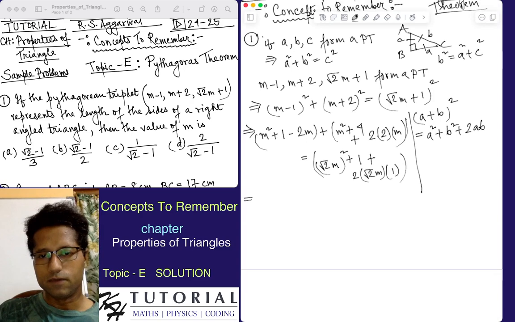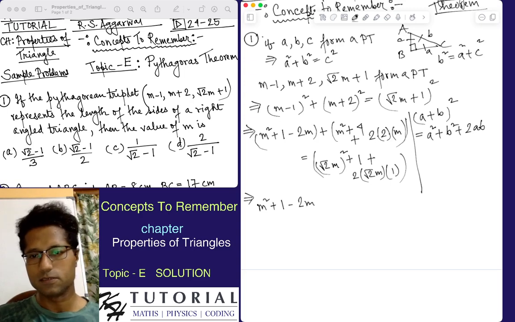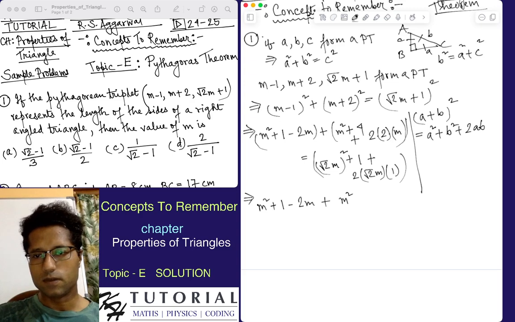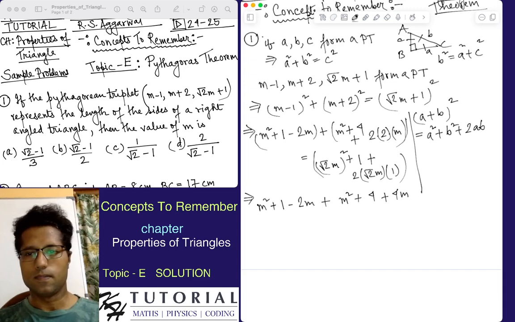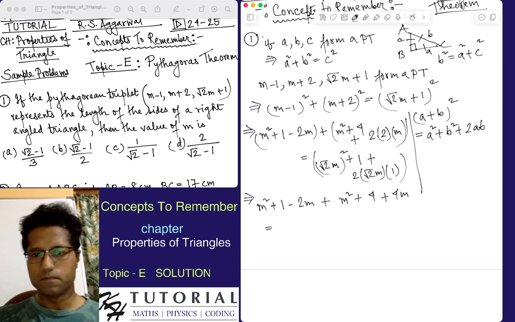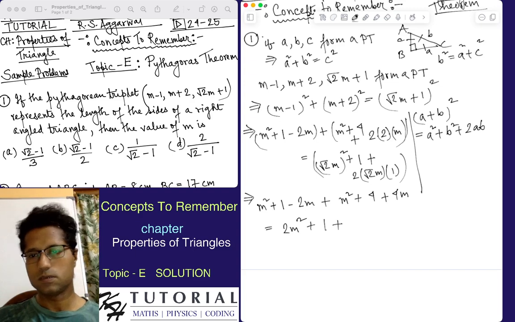Now if you further simplify this, we get m square plus 1 minus twice m, I am opening the brackets, plus m square plus 4 plus 4, and we have here 4m equals to, we have root 2m whole square is root 2 square, which is 2, and m square. So 2m square plus 1 plus 2 root 2m.